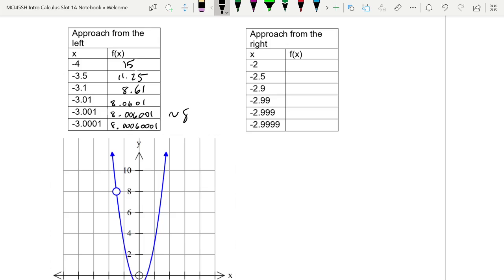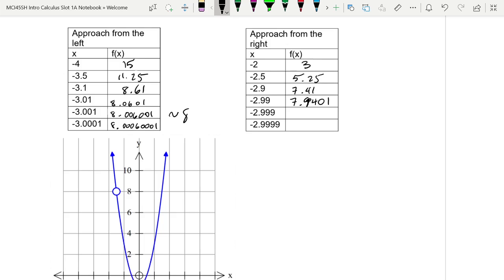Just to make sure that's exactly what's happening, let's see if that's what's happening from the other side. The -2 number gave me a 3. The -2.5 gave me a 5.25. And then -2.9 gave me 7.41. And then -2.99 gives me 7.9401.